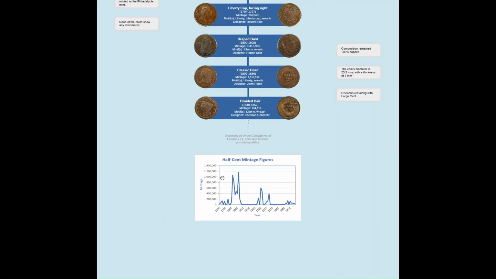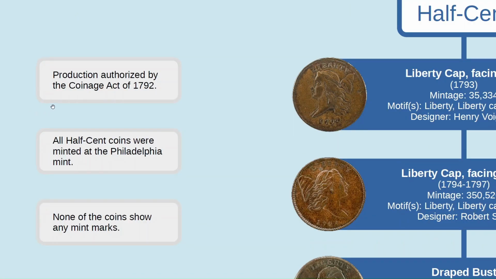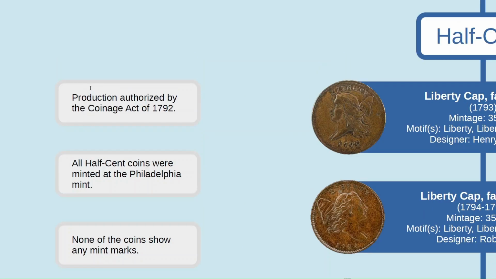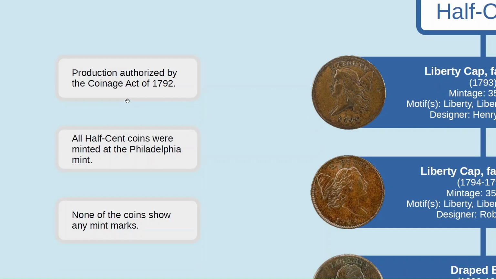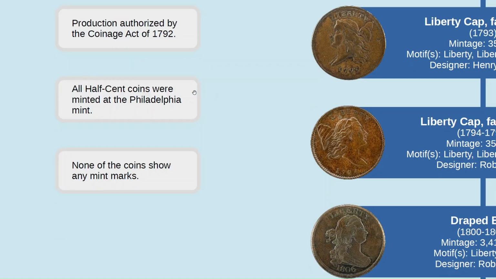Now I'll go up and show some facts I decided to include about this coin, or this denomination rather. The production of half cents was started very early on by the Coinage Act of 1792. All of the half cents, all 5 designs, were minted in the Philadelphia Mint.